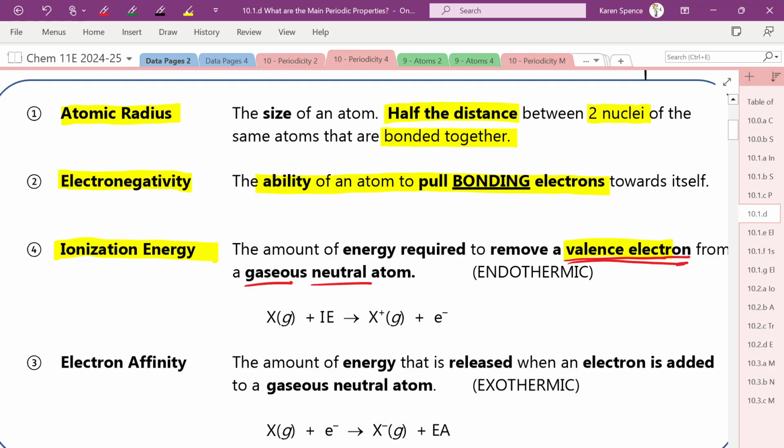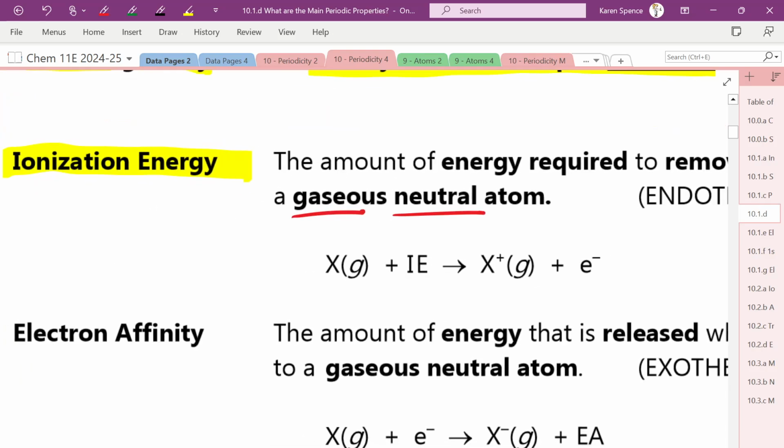So I don't care if we're talking calcium or fluorine or gold, you're going to have a single atom and it's going to be a gas. They did that so that you can compare the ionization energies of all the things. Because if you have one that's in the solid state, bonded to a whole bunch of other metals, it's going to behave differently than, say, diatomic chlorine, right?